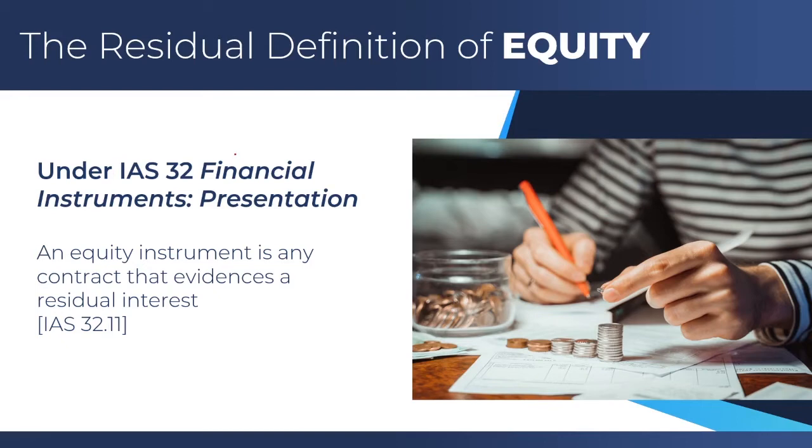Also, when you scan through the standards, the next mention of equity will be in IAS 32, Financial Instruments Presentation, where an equity instrument is defined as any contract that evidences a residual interest in an entity. So that is in IAS 32. As you can see, unlike assets and liabilities, it has not been defined even in IAS 1.